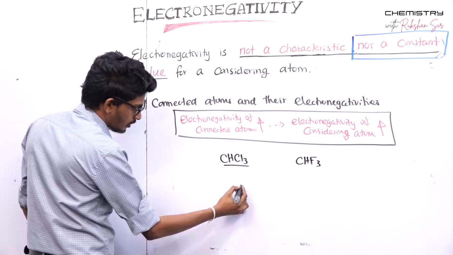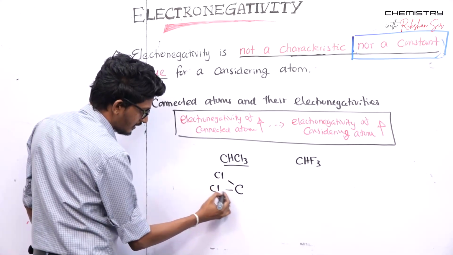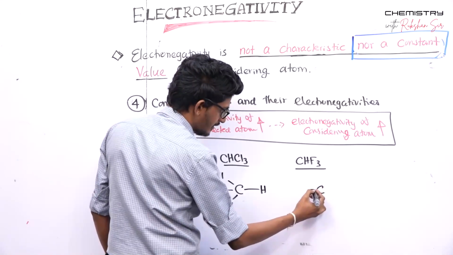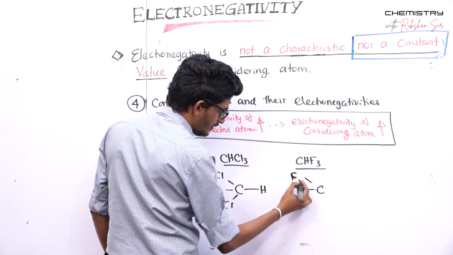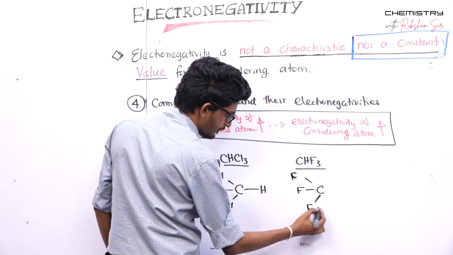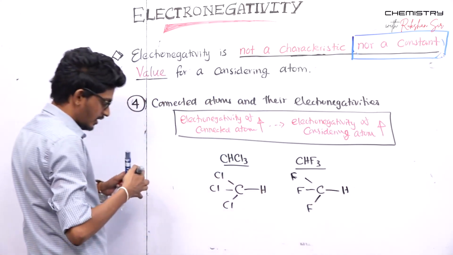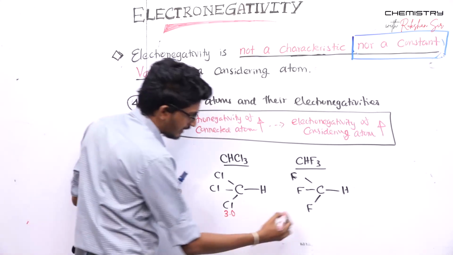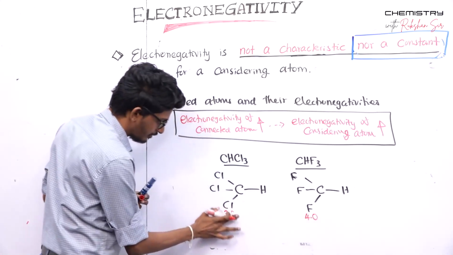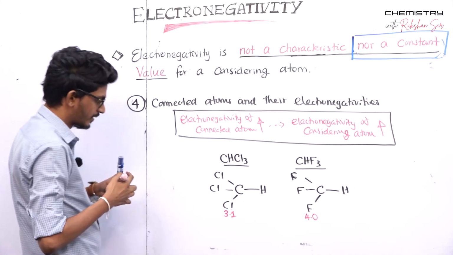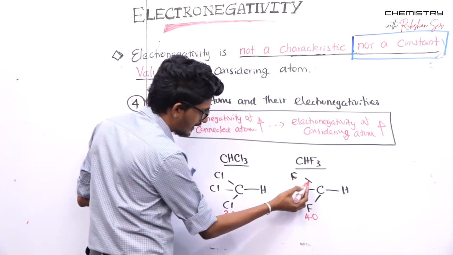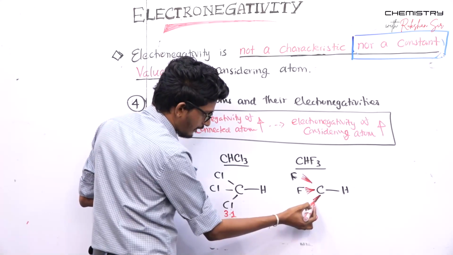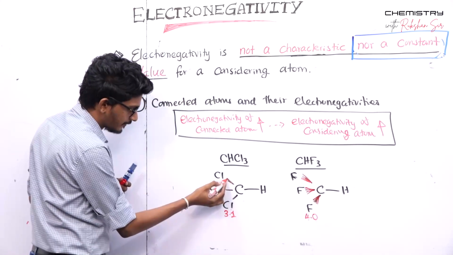CHF3. So you have some chlorines here and the hydrogen here. In CHF3, some fluorines here, some hydrogen here. As chlorine is 3.0, sorry, 3.1, and fluorine is 4.0, electrons will be greatly attracted towards the fluorines compared to chlorines.